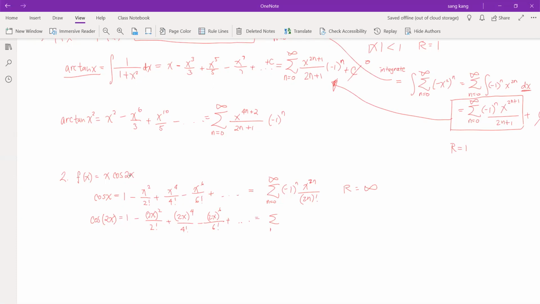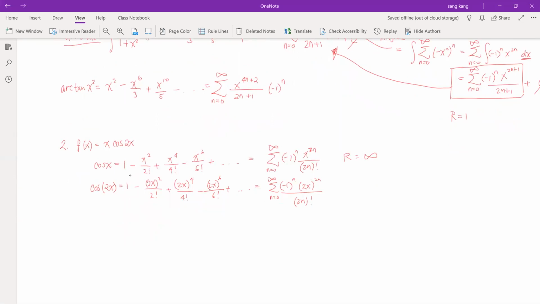We can do that to the sum here: negative 1 to the n, 2x to the 2n over 2n factorial.